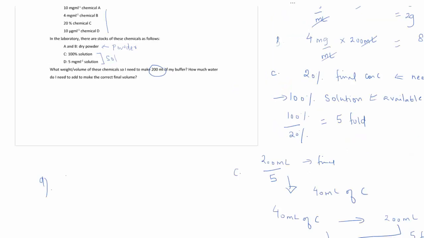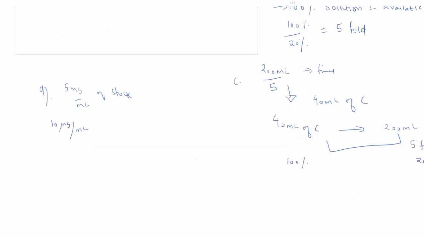For D, there is 5 milligrams per milliliter of stock available. But what we need is actually 10 micrograms per milliliter. That's the final concentration.